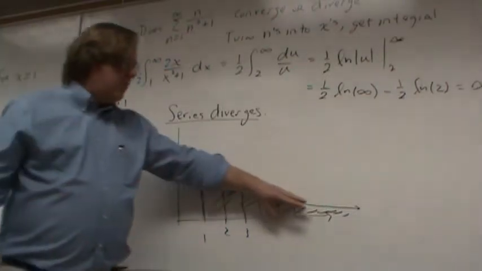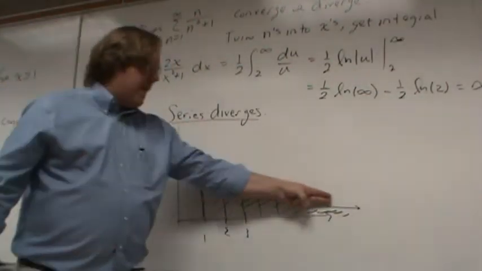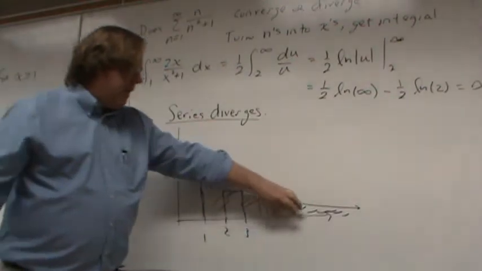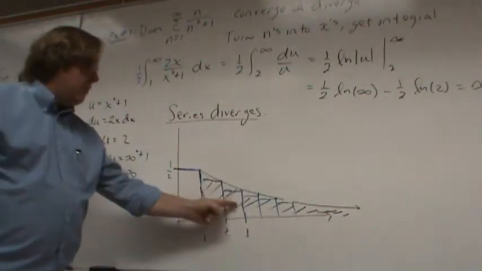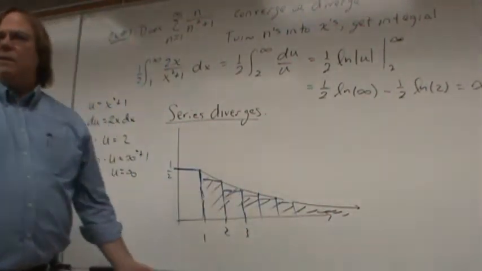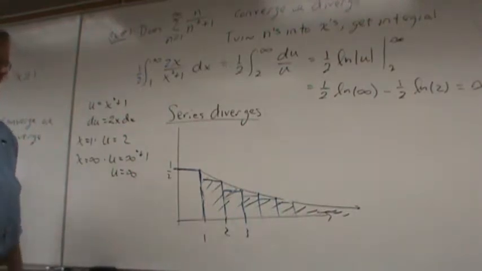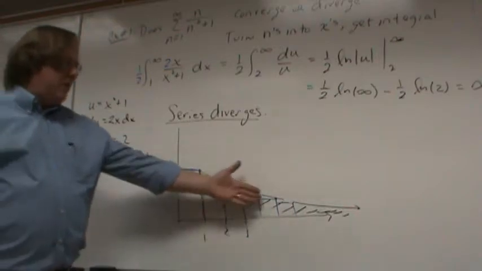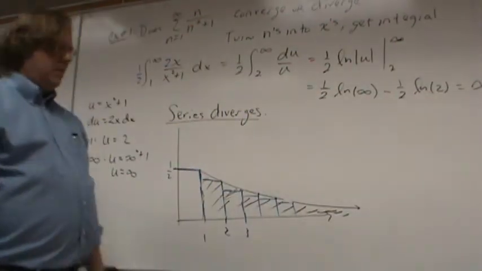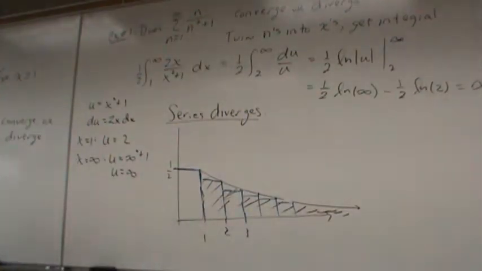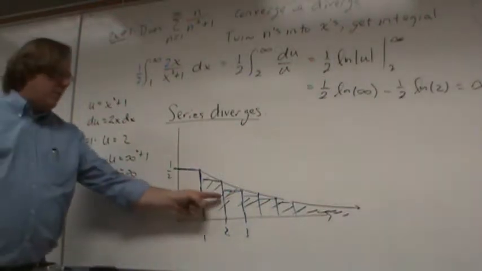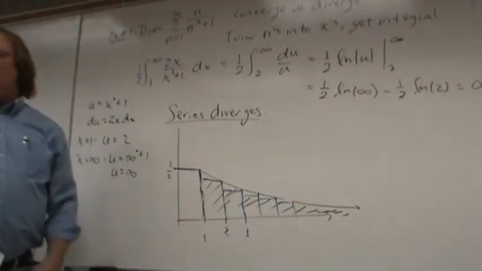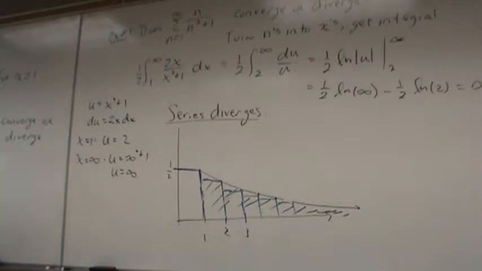Whereas if the integral diverges, if this area is infinity, then the sum of these rectangles has to be infinity, because they don't stop. They go on forever and ever. So the sum of the rectangles and this area are either both infinity or both not infinity.